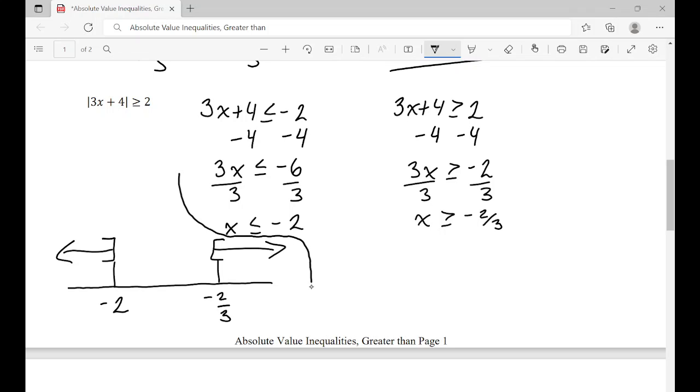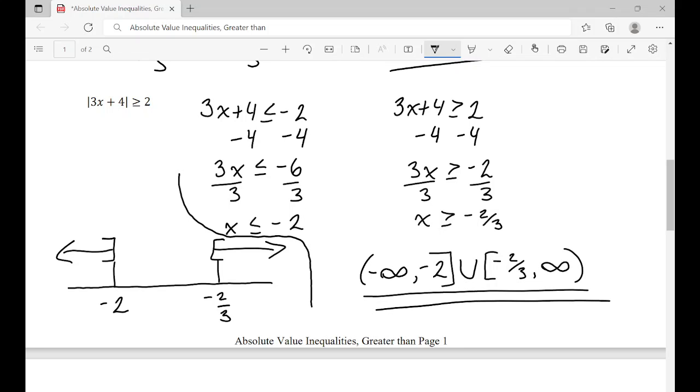And kind of separate it so it's a little bit easier to see. So there we have our graph, and our interval notation is going to be negative infinity up to negative 2 with a bracket, union again, and then another bracket, negative 2/3, going off to forever. There's the answer for this one.